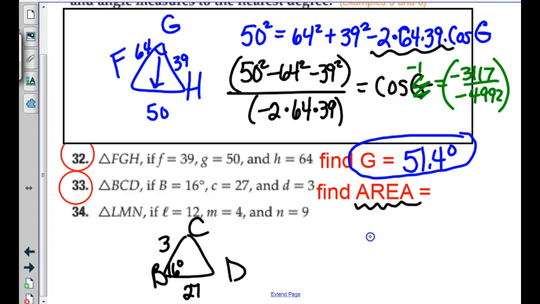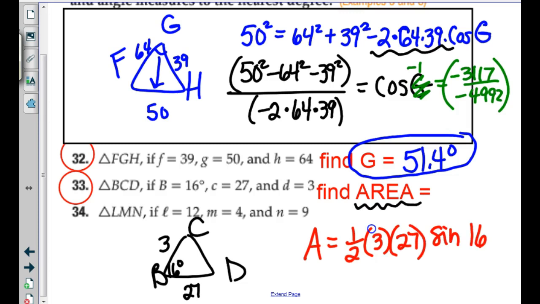Do you see them? If you know all three sides, you can use that goofy Heron's formula that's a pain in the neck. Okay? But for this particular triangle, we know two sides and an angle in between. So we can use that other area formula down there. It says area is equal to 1/2 the length of the side times the other side times the sine of the included angle.